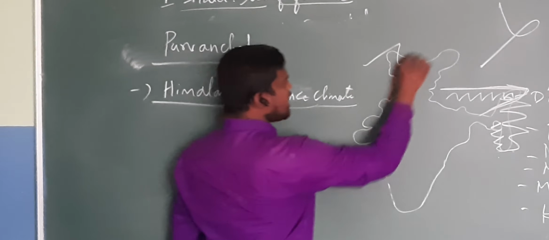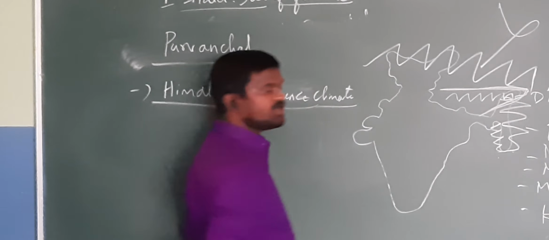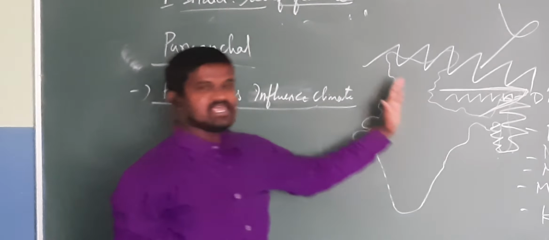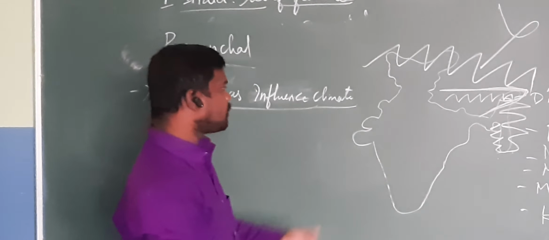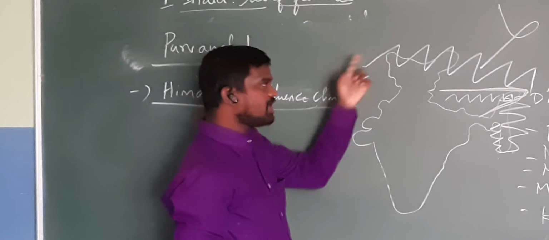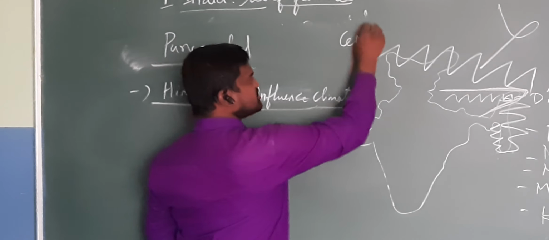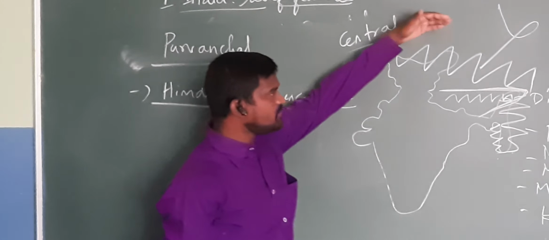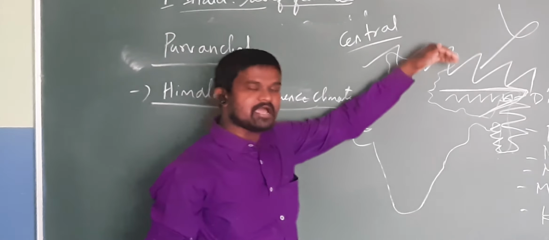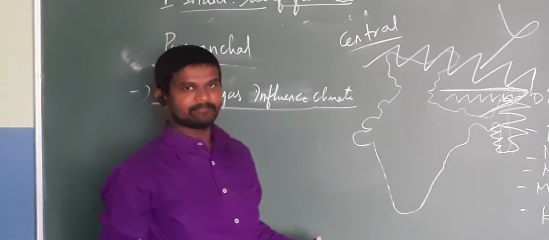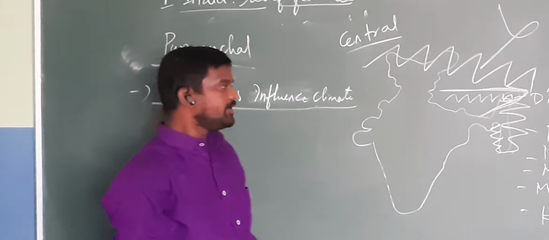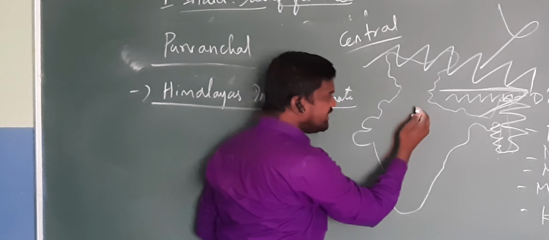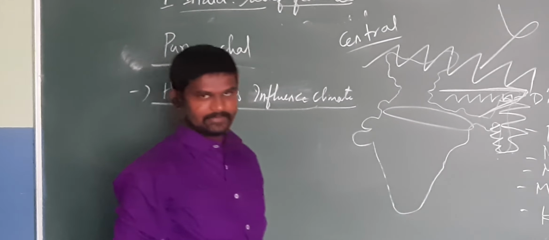The Himalayas act as a barrier, protecting us from the cold winds which blow from Central Asian countries like Siberia. From Siberia, cold winds blow towards our country during the winter seasons. So these Himalayas stop the cold winds from entering the northern plain.